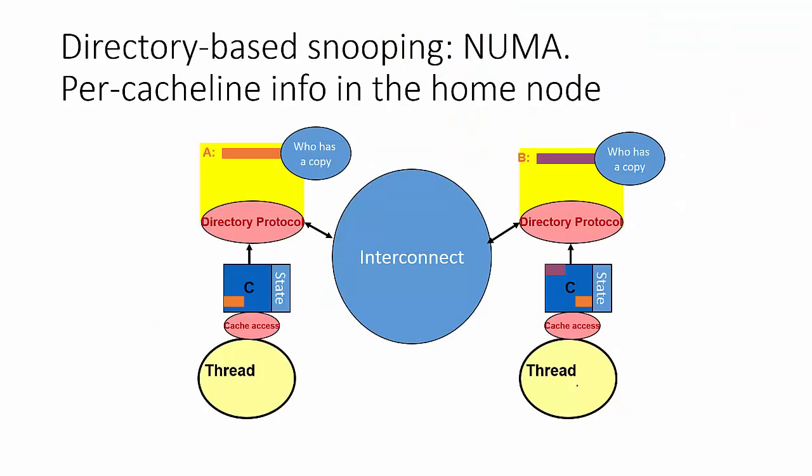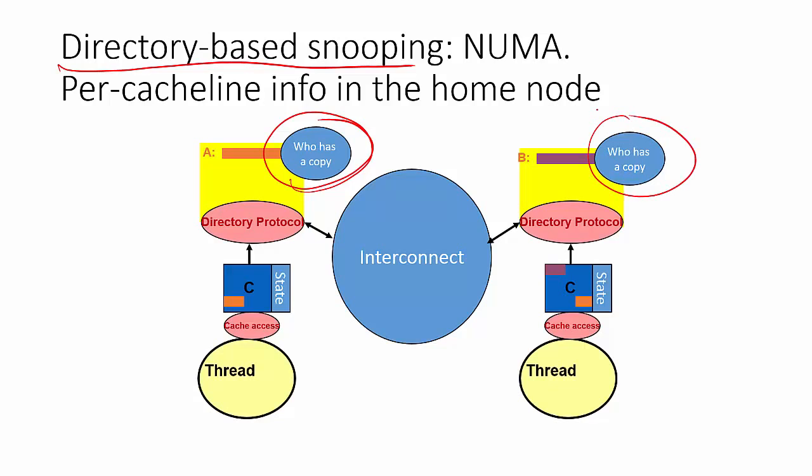The overall cache coherence mechanism to build a scalable system is directory-based snooping. In directory-based snooping, you attach a directory next to a memory block, and this directory will contain information about who has a copy of this cache line. When a thread performs an access and you have a cache miss, you will have to go to the directory protocol, which will find the appropriate directory.